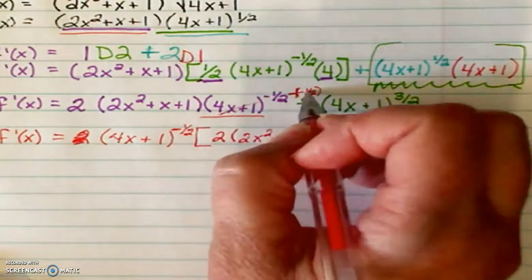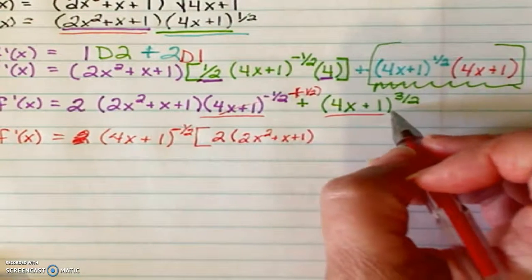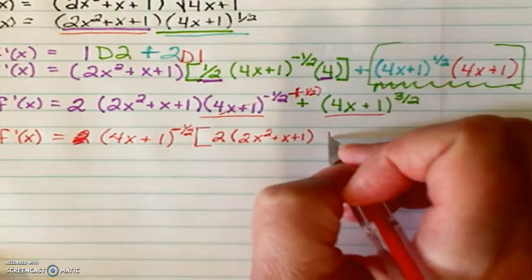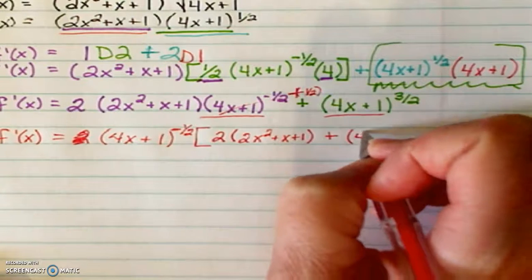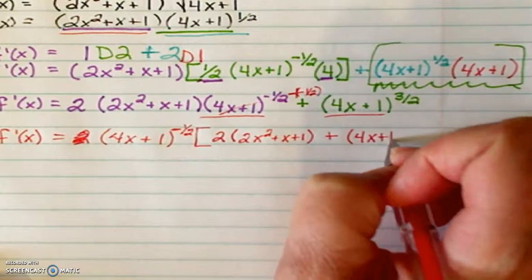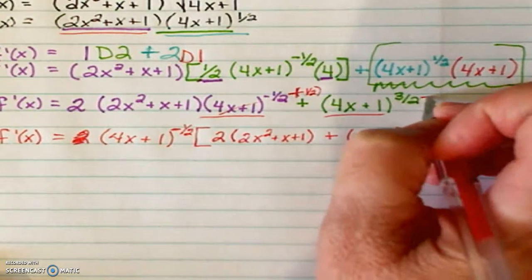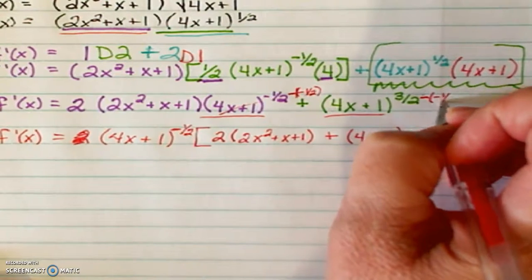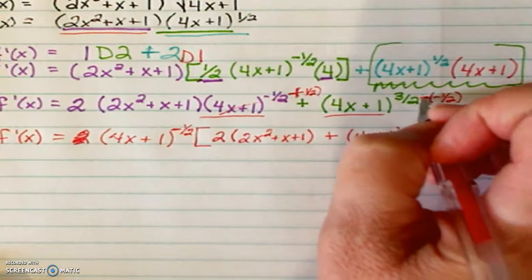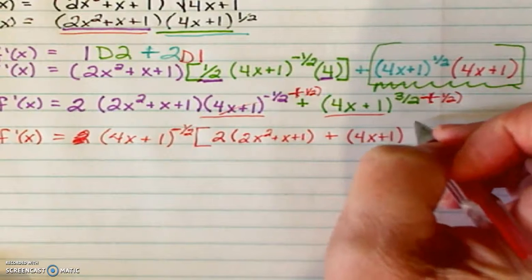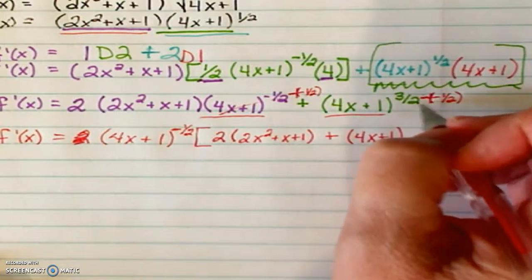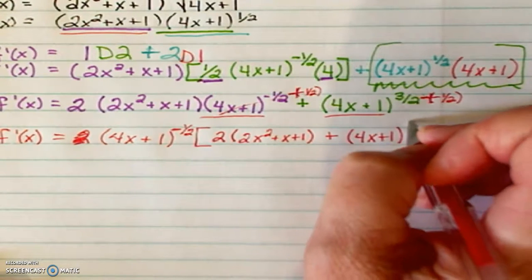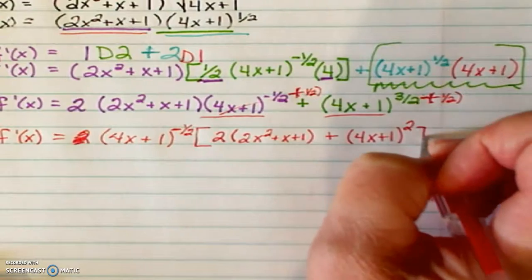So it's been factored out. Then the next term, we are going to be left with 4x plus 1, and we subtract that negative 1/2 that we factored out, which turns it into a plus, and you are left with 4/2, which is the same thing as 2.